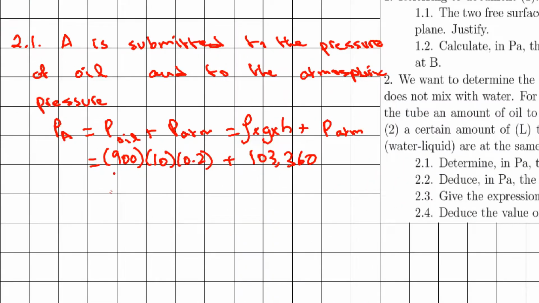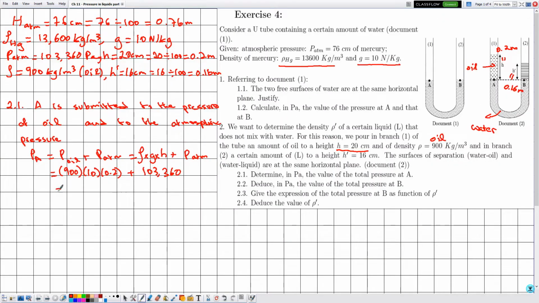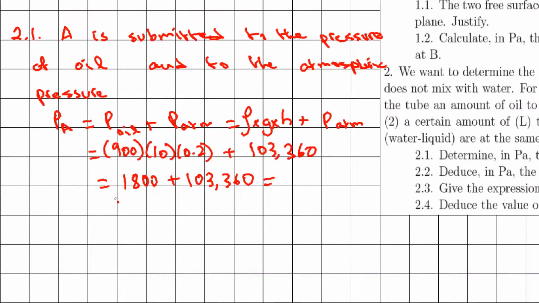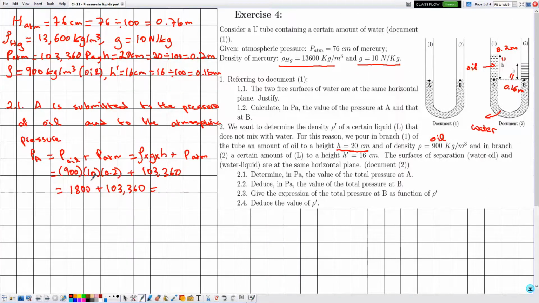Now plugging this on the calculator, it will be given by 1,800 plus 103,360. Now plugging this on the calculator, then the value of the pressure at the point A is given by 105,160.